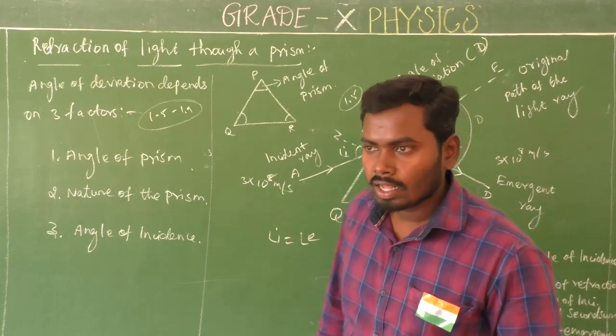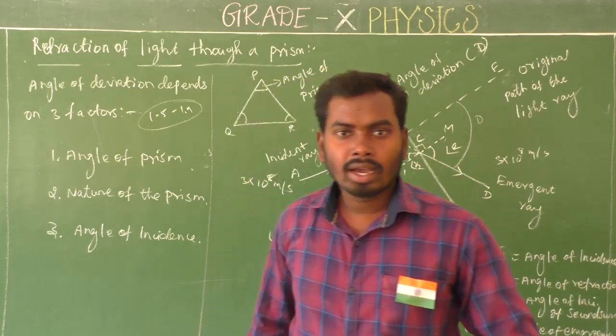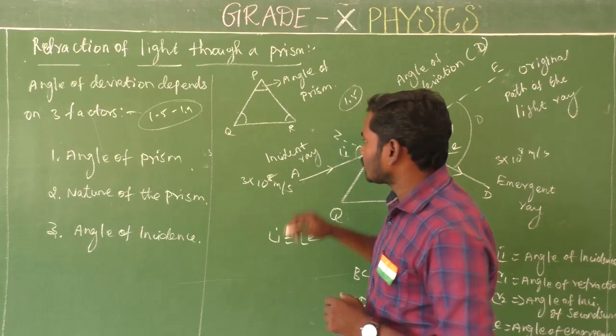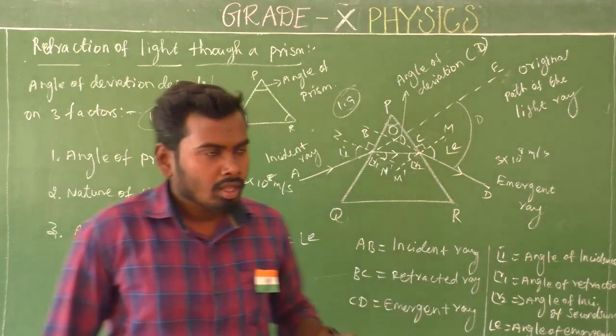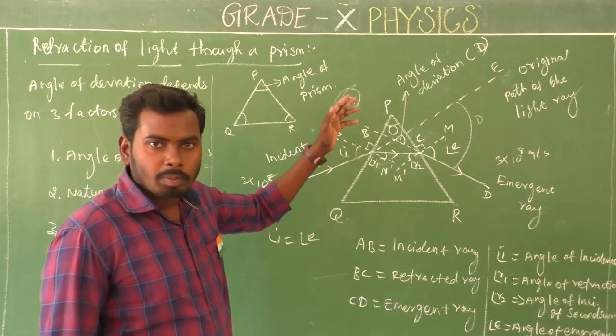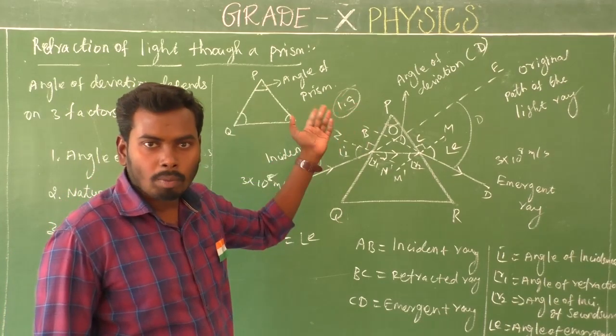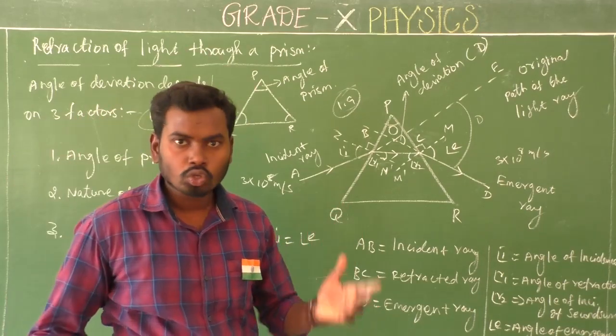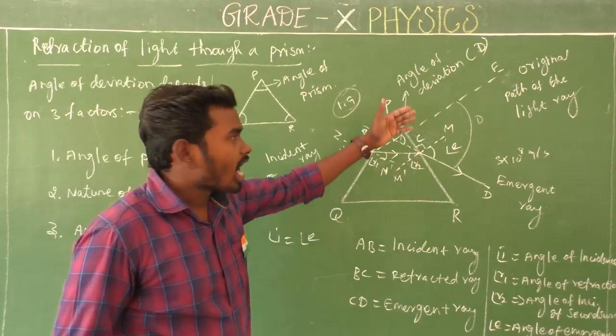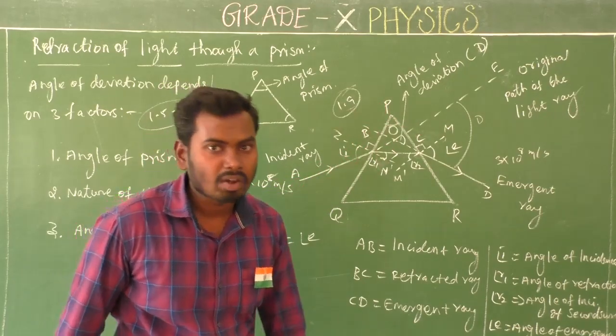Suppose instead we make a glass prism with refractive index 1.9. Do you think this 1.9 glass prism will bend light the same amount as the 1.5 glass prism? No, that is not possible. It will bend the light more, due to which the angle of deviation will change.